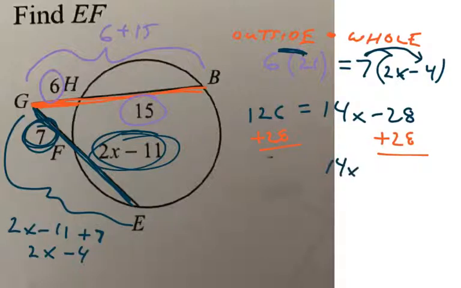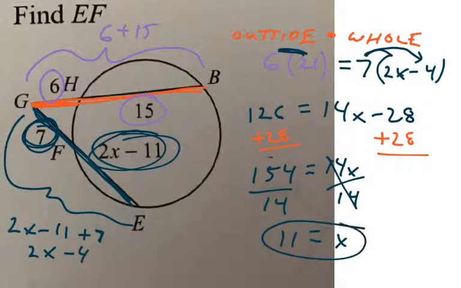So 14x will equal 154. That means when I divide by 14, x is going to equal 11. Now don't forget to plug it in. So once I put 11 in there, 2 times 11, 22, minus 11 is 11 itself.